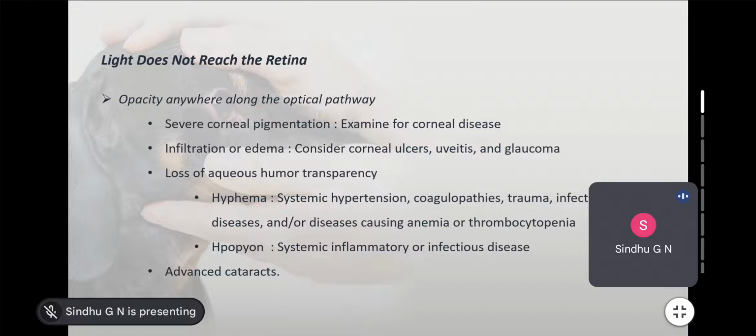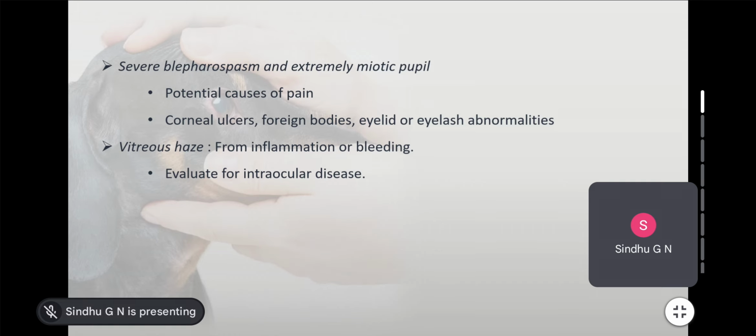Then, light not entering the retina in a blind dog can happen in case of severe blepharospasm, where eyes are kept closed, or an extremely miotic pupil due to severe pain. In this case also light will not reach the retina.